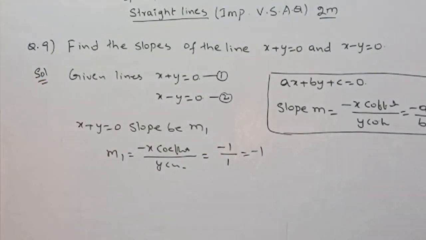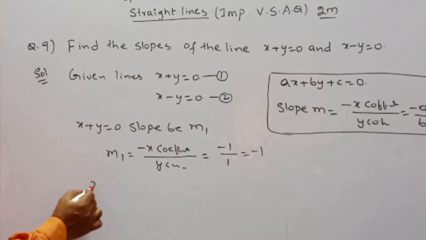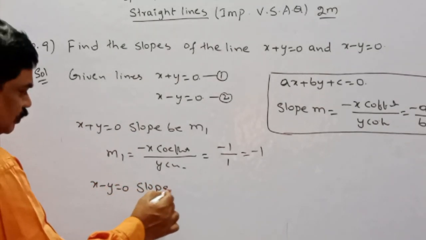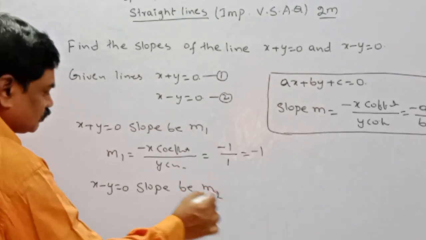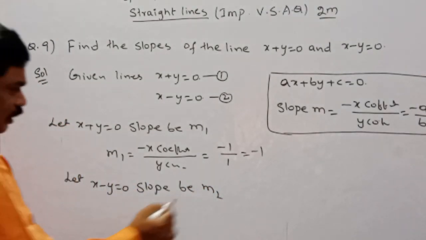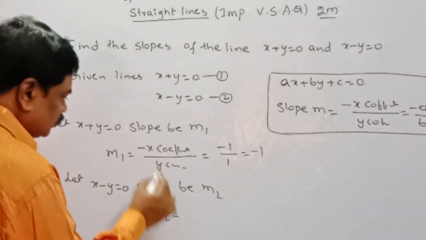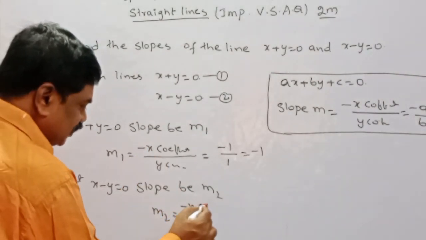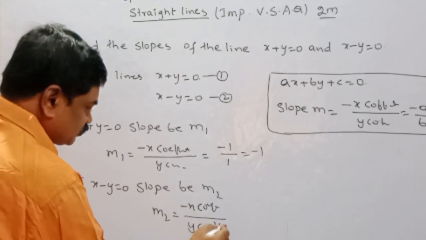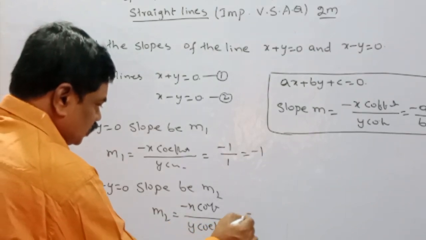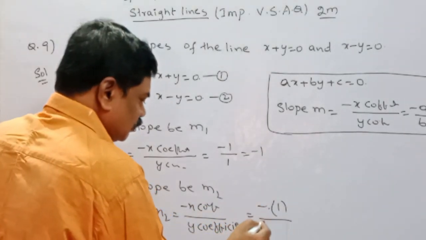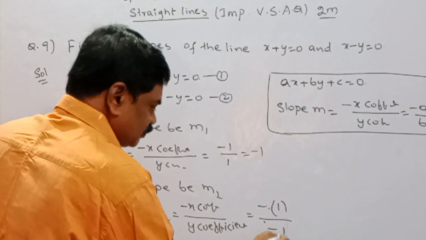This is minus 1. From the second, x minus y equals 0, let the slope be m2. Let m2 equal minus x coefficient by y coefficient, equals minus of x coefficient 1 by y coefficient minus 1.